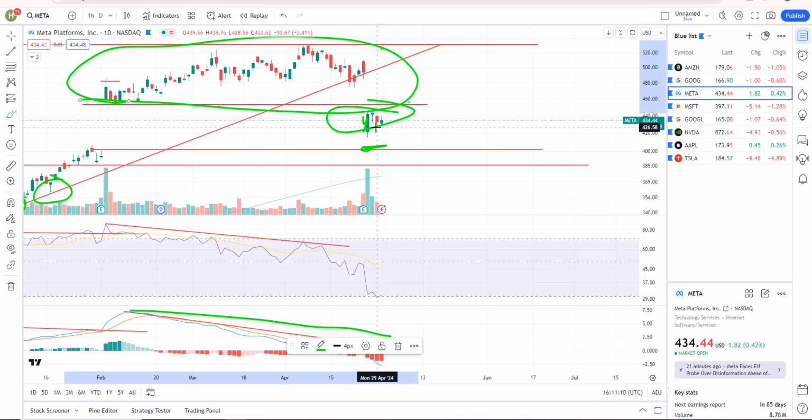So sell the rip if they want to rally it into resistance, which right now is about 452.30. They could maybe pop it above there slightly, but I wouldn't want to see it going too much above there. That is resistance.